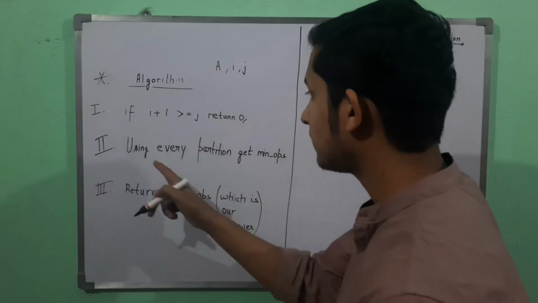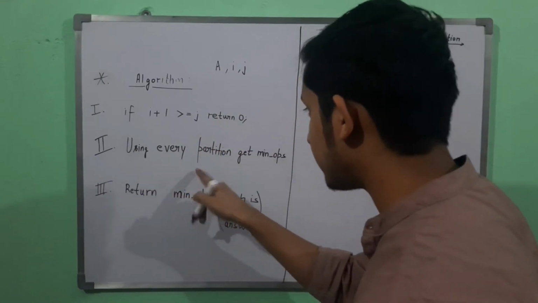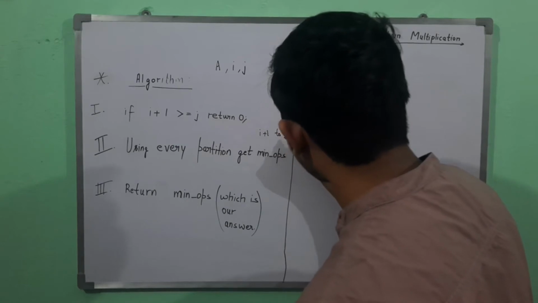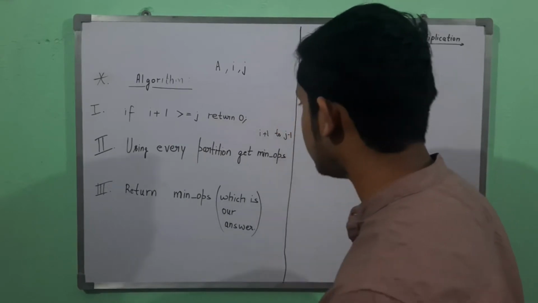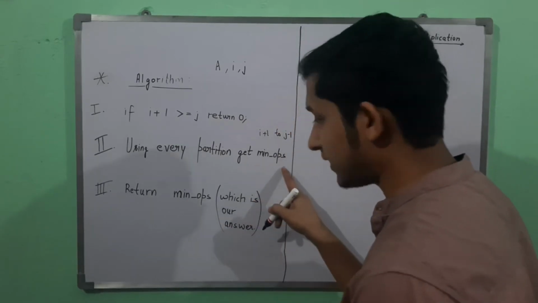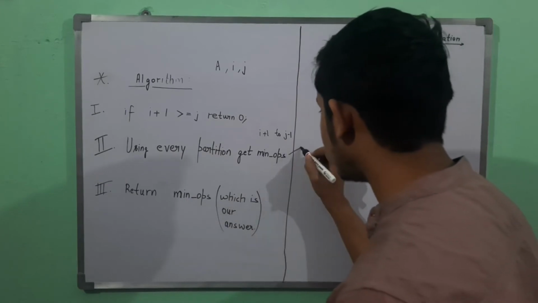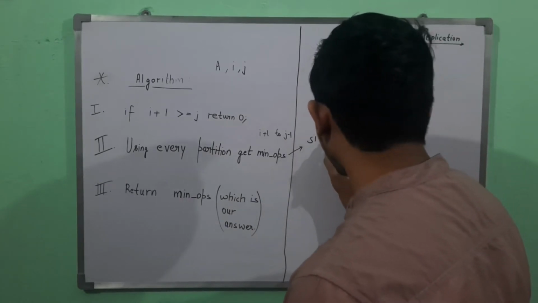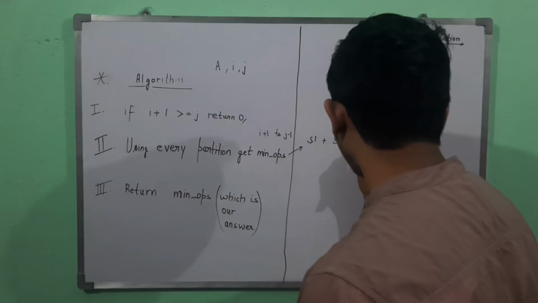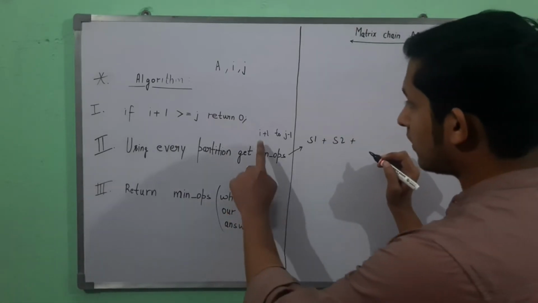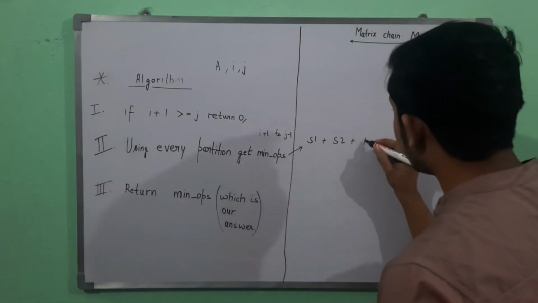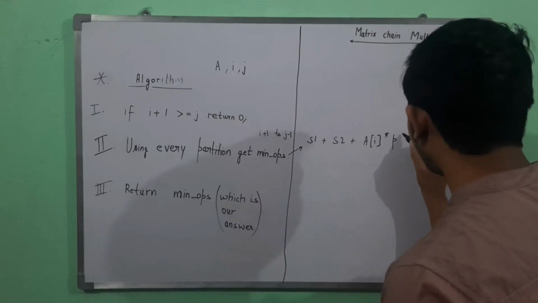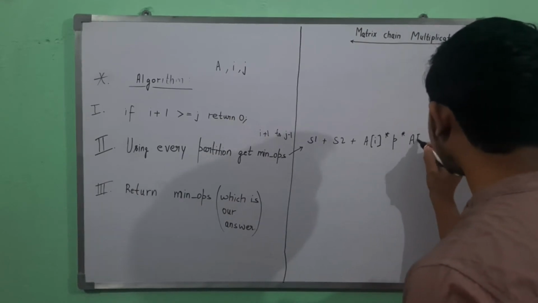After this, for every partition, this means from i plus 1 to j minus 1, I'll get the minimum number of operations, and I told you the formula for this. It is subproblem 1 plus subproblem 2 plus, for this, a[i] multiplied by p multiplied by a[j].